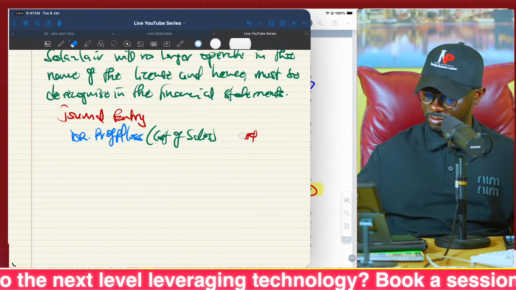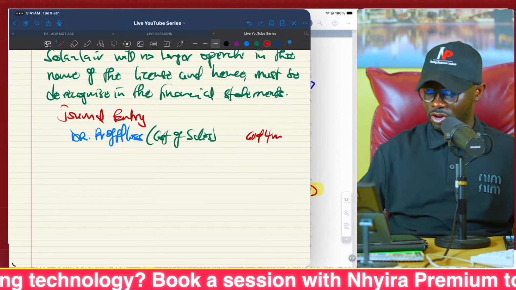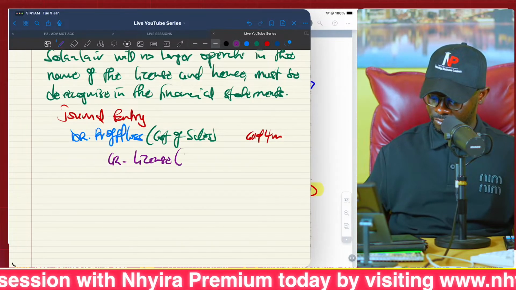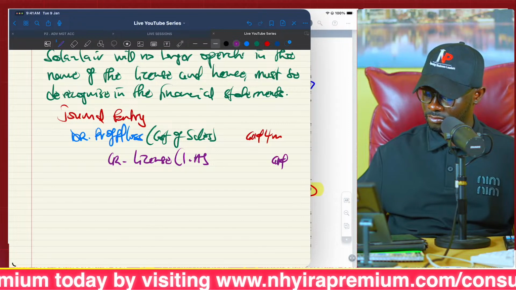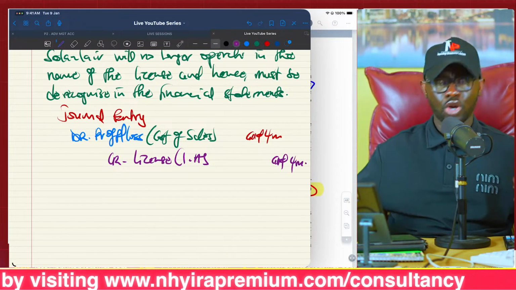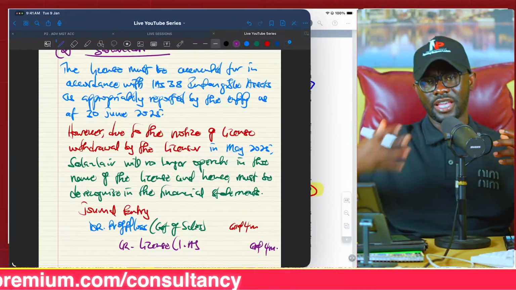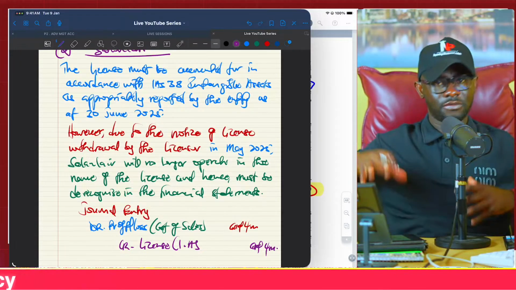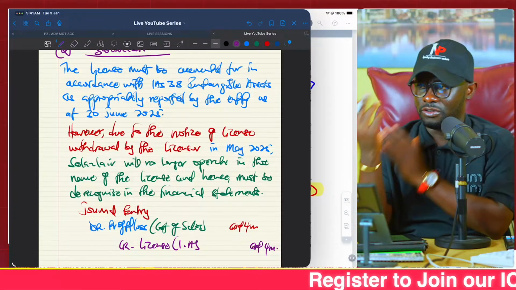That's 4 million. Then you credit the license, in the name of intangible assets, 4 million. What it means is that in the statement of financial position for the year ended 30th June 2025, we wouldn't have this 4 million under intangible assets for the entity.